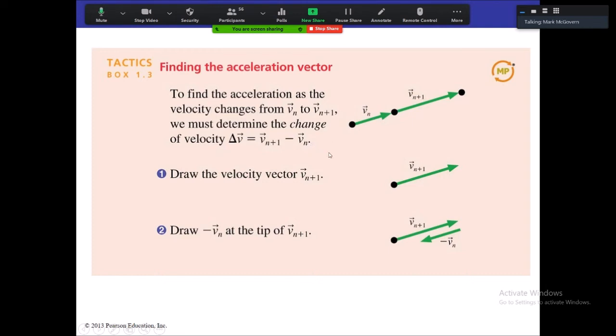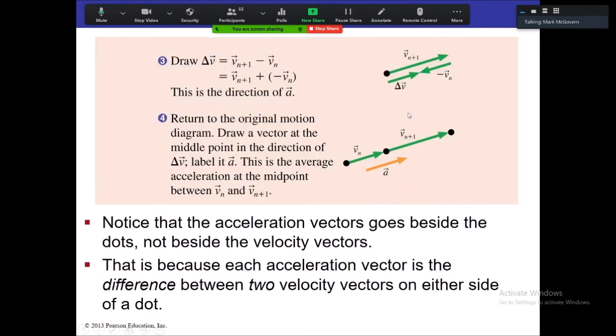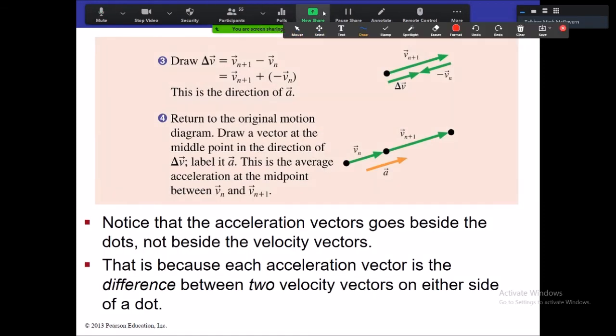But the way we do this is we have to write it as plus minus Vn. So we draw the first vector out, Vn plus 1. Take the second vector, flip it, and attach it to the front of vector 1, which I did right here. Then you connect from the tail of the first vector to the tip of the second, which is done right here. This represents my delta V vector.